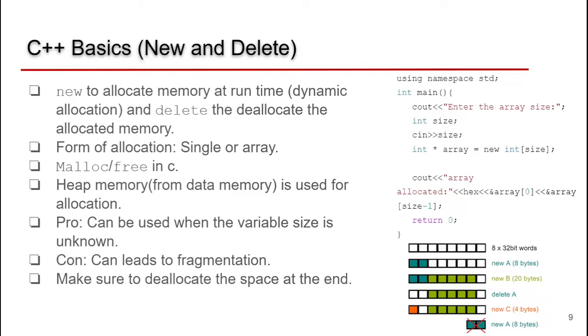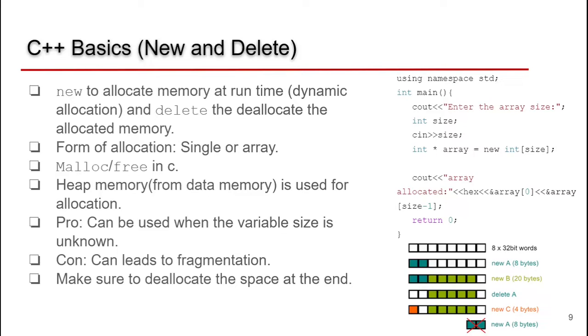So this is called dynamic allocation, but there's a problem in memory. Let's use the graph in the slides, it's more clear. Let's say that you have 8 words. We call the 32-bit a word. It's like a unit for memory.